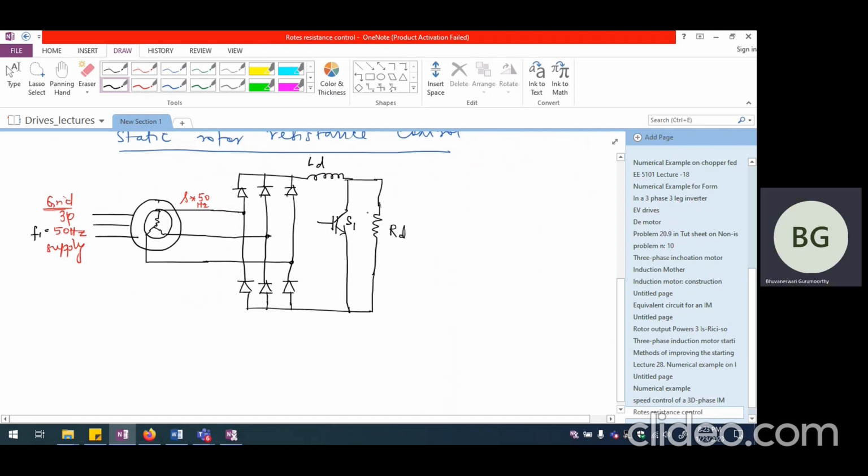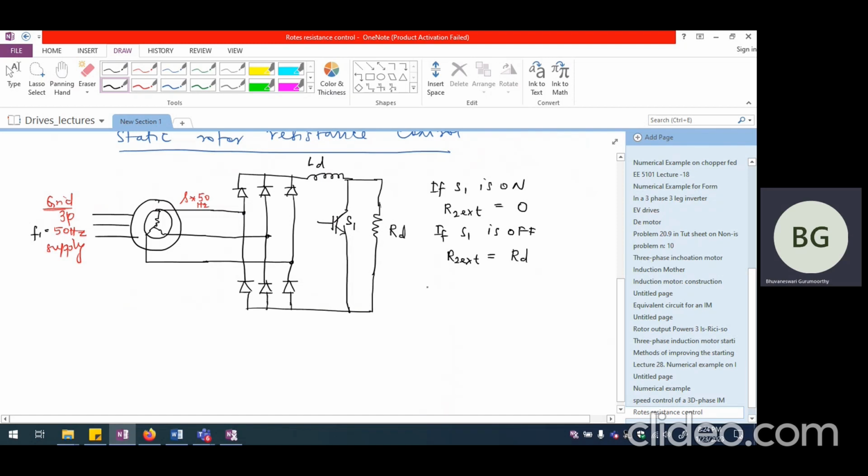Now, if S1 is on, the external resistance seen by the diode rectifier is 0. Whereas if S1 is off, the R2 external seen by the diode rectifier is equal to RD itself.